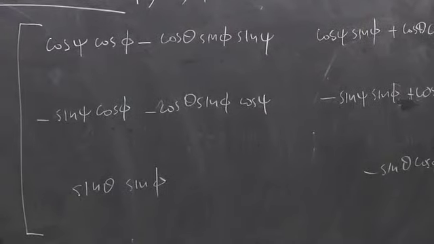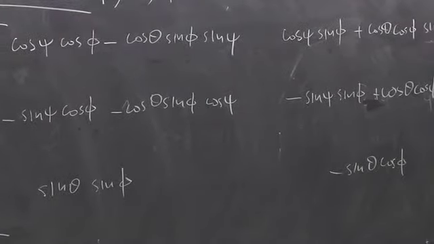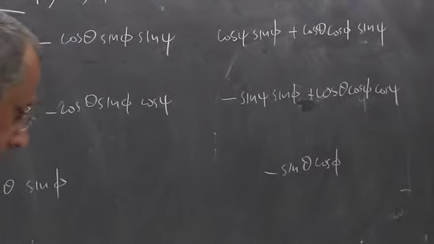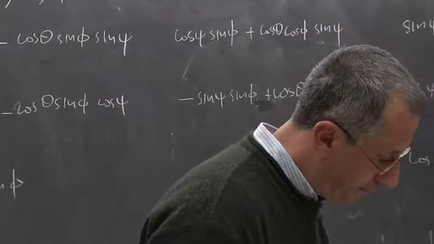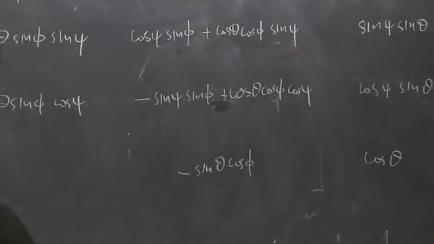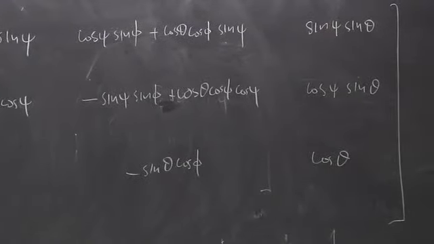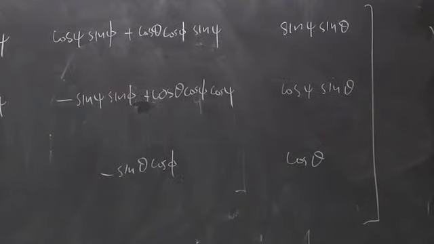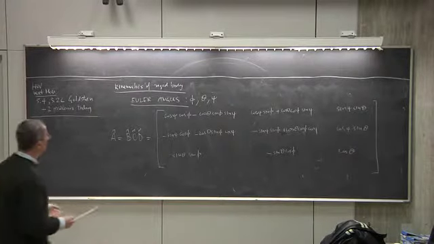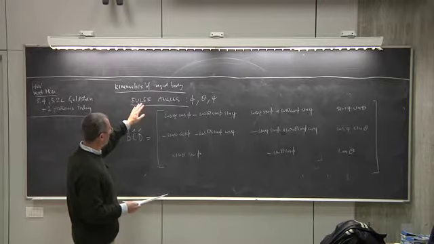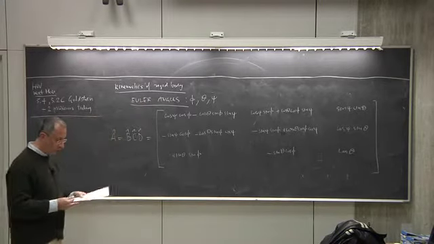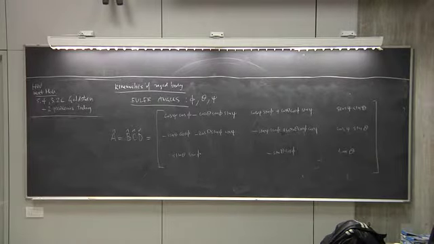So that's the basic structure that enters the kinematics of a rigid body. Then I guess one should formalize what I said at the beginning. The general displacement of a rigid body: if you take one point fixed in this rigid body, then the most general displacement is a rotation about some axis.